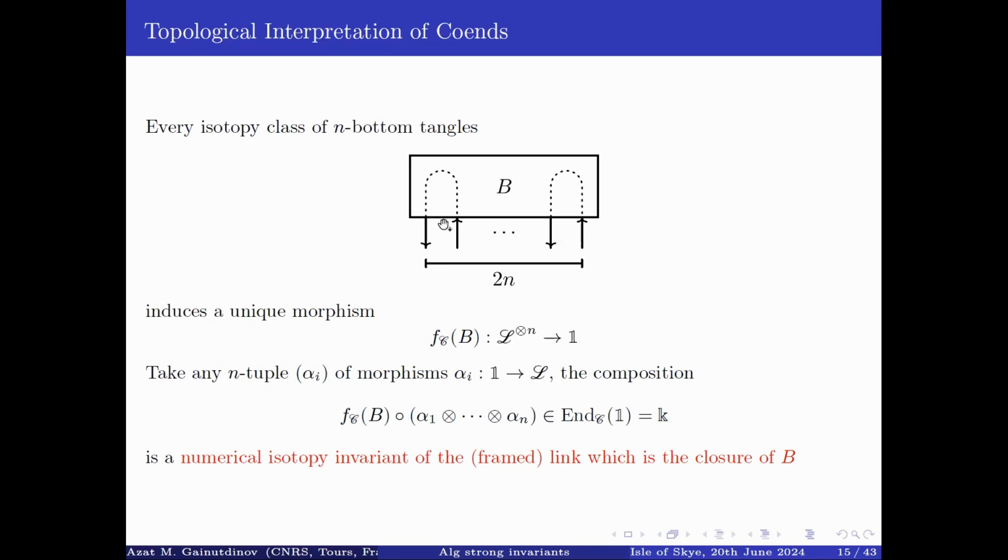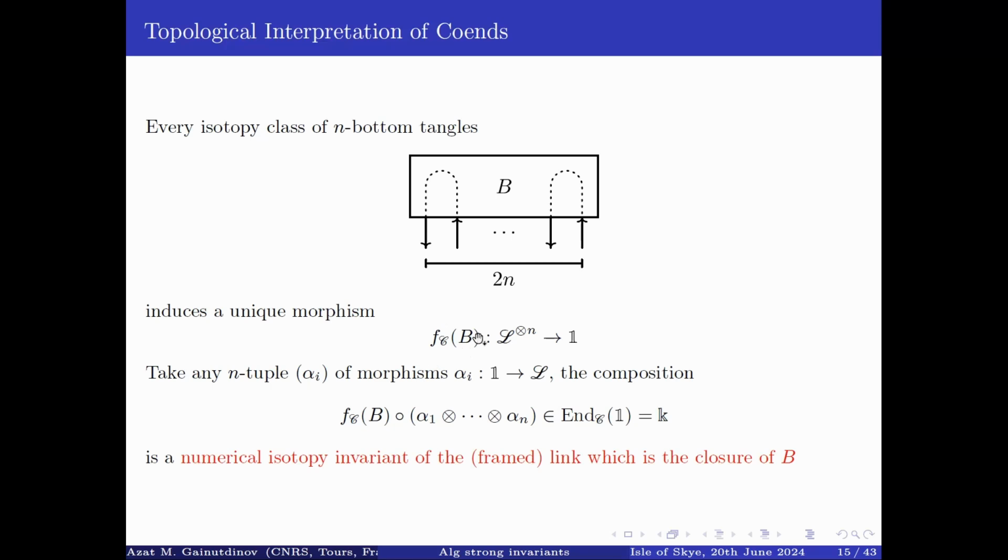It gives me a dinatural transformation, but sort of in n variables. And by universality of the coend, to every such bottom tangle, I get a unique morphism from the nth power of the coend to the tenth degree. Okay, and now you can take any tuple of invariants of my coend. So they are morphisms from the tenth degree to the coend.